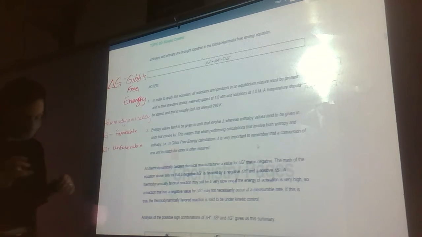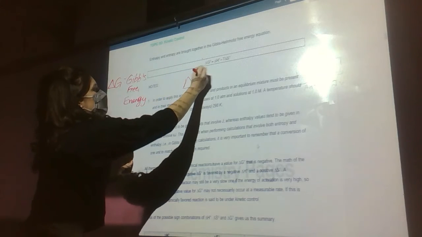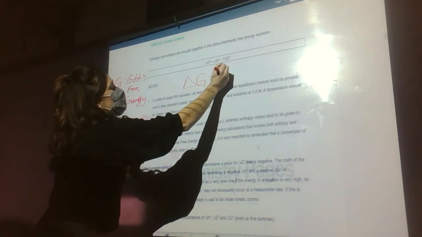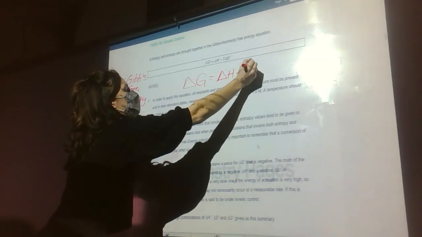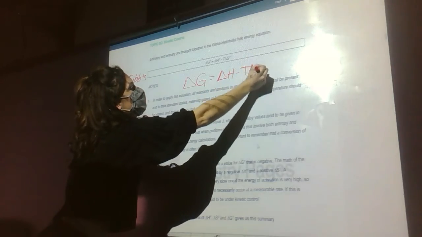And the way I find this is called the Gibbs free energy equation or Gibbs-Helmholtz equation.